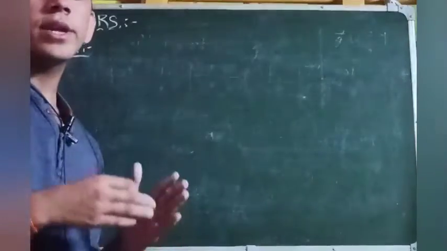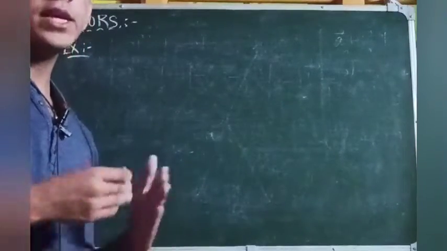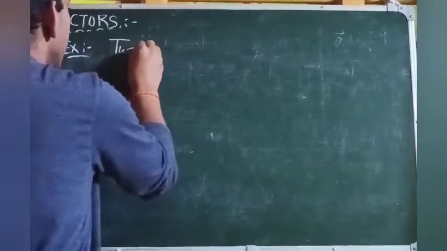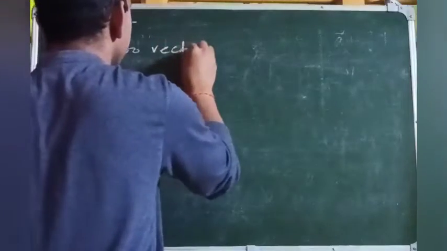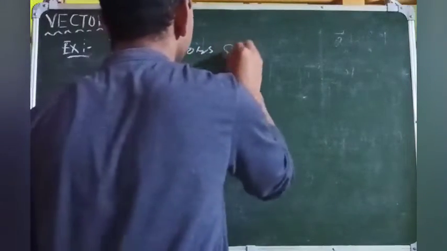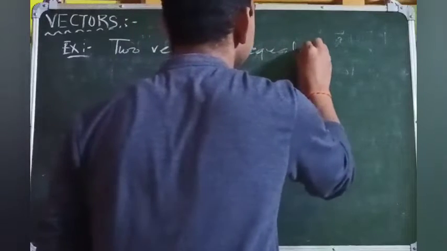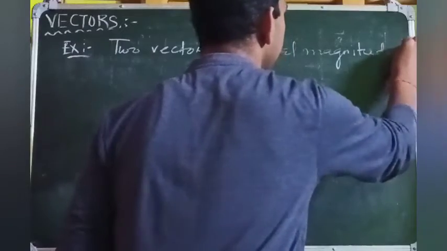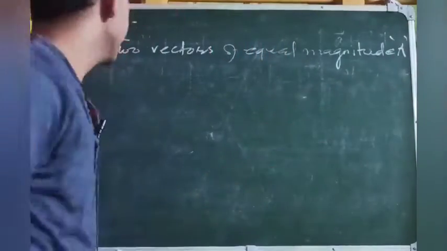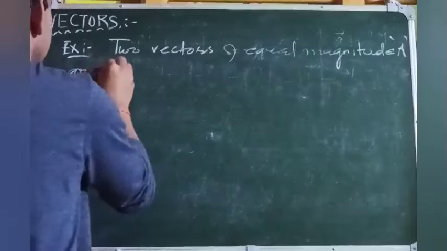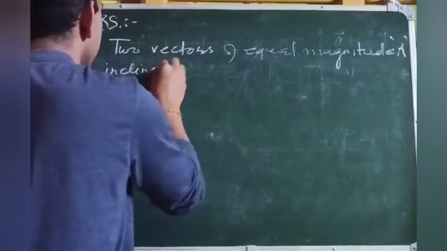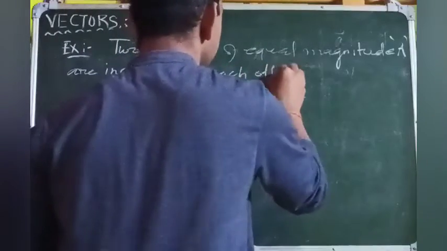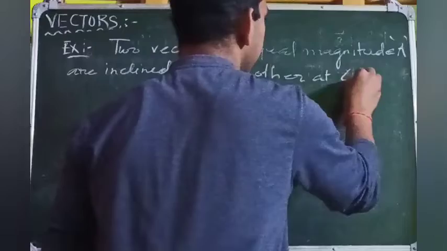In this example, we are given two vectors which are of equal magnitudes. It means, suppose we are given two vectors of equal magnitude A, inclined to each other at angle theta.